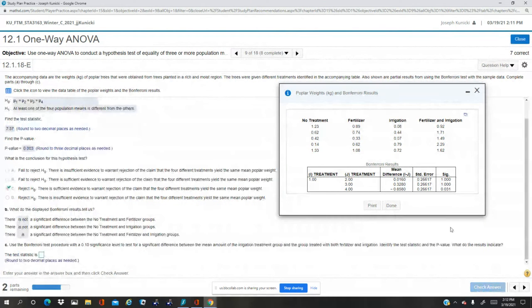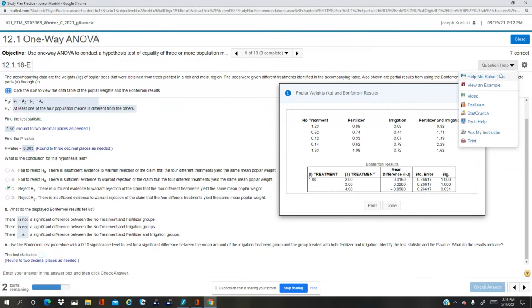Okay. But now you have to read this really carefully, because it says use the Bonferroni test procedure with the 10% significance level to test for a significant difference between the mean amount of the irrigation treatment group, which is number 3, and the group treated with both fertilizer and irrigation, which is treatment 4. So identify the test statistic and the p-value. The test statistic you can find on page 577 of the textbook.